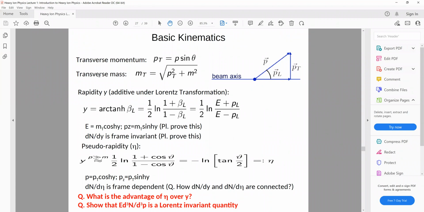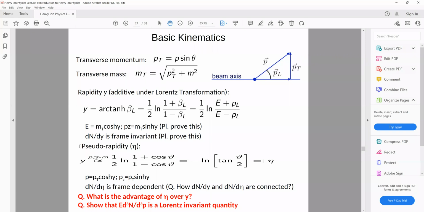And you can show that beta L is basically pL by E. So if you put beta L equal to pL by E, you can come to a relation, half ln of (E plus pL) by (E minus pL). Also, you can express E as mt cos hyperbolic y, where E is the energy of a particle, mt is the transverse mass, y is the rapidity, and pz as mt sine hyperbolic y.